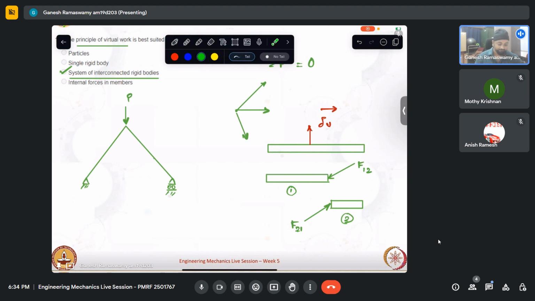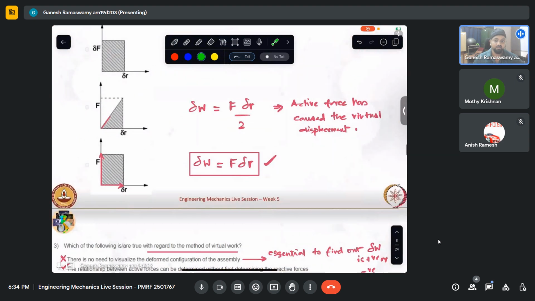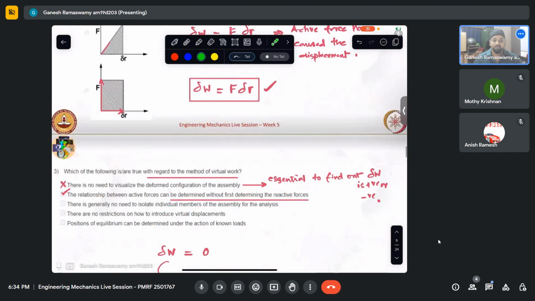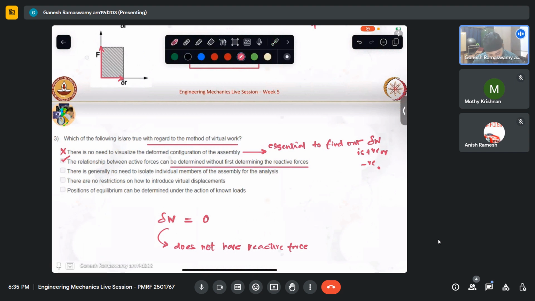If I separate them out, it will still be the same case: the second rigid body is applying F12, the first is applying F21, and both are equal. If we even dismember it, we will see that both the forces that come as a consequence of Newton's third law make no difference to the equation. So yes, there is actually no need to do this. If we dismember it, it is not going to help us in any way.